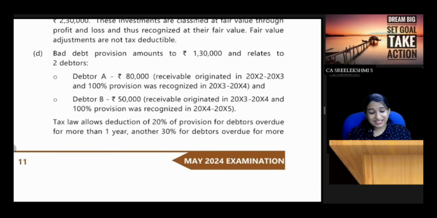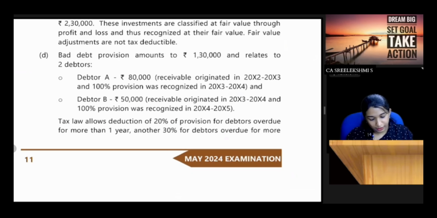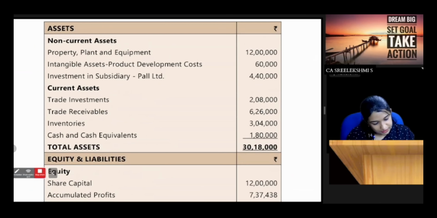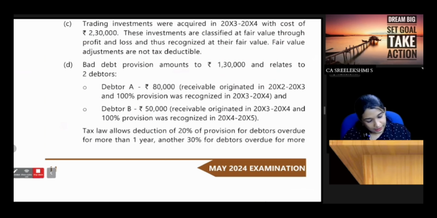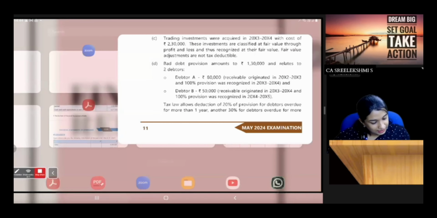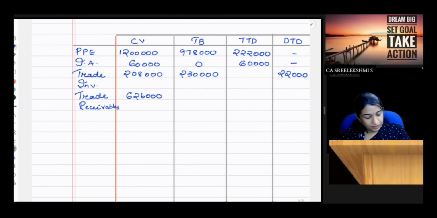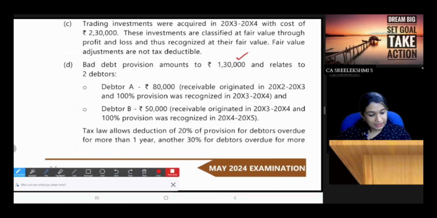Next item is actually good. Bad debt provision amounting to 1,30,000. So our trade receivables, carrying value of trade receivables 6,26,000, and that is after deducting a bad debt provision of 1,30,000.